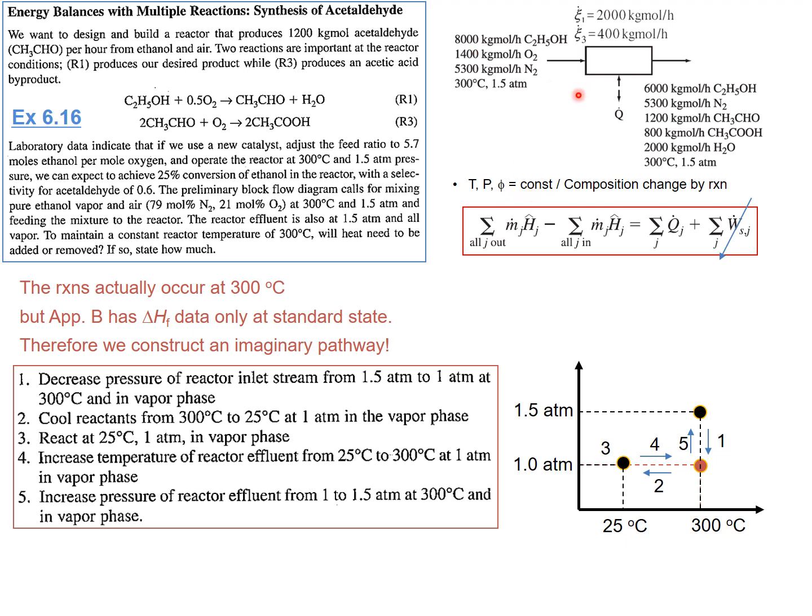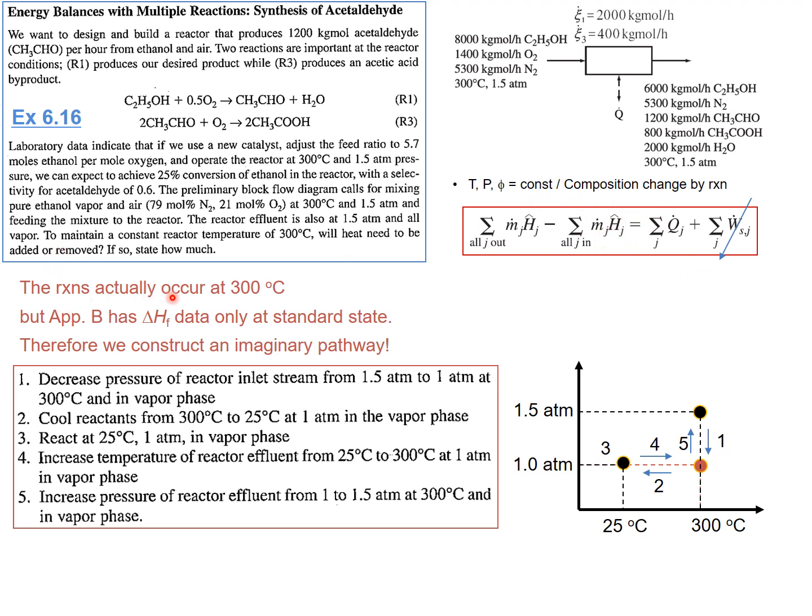Only changeable thing is composition, which is induced by reactions. Then let me set up the energy balance equations. So no accumulation because this is a continuous reactor, and input minus output plus Q plus shaft work. Then in this case we could neglect the shaft work, so finally out minus in is equal to Q.